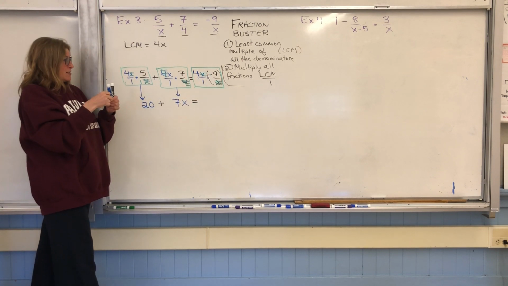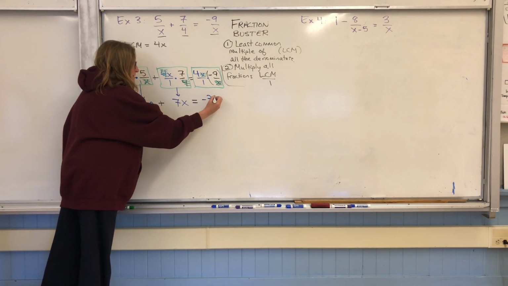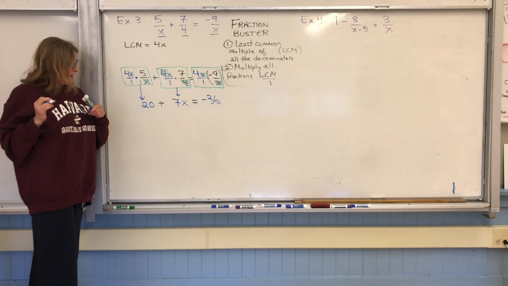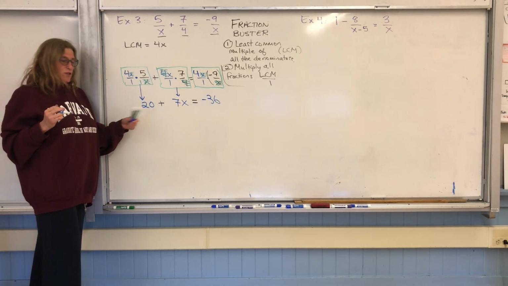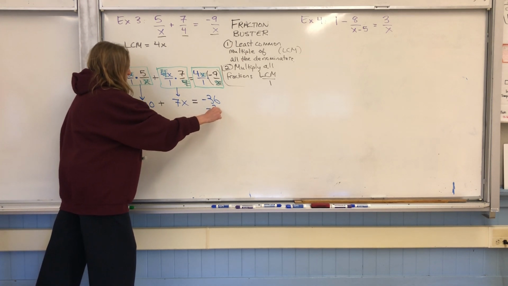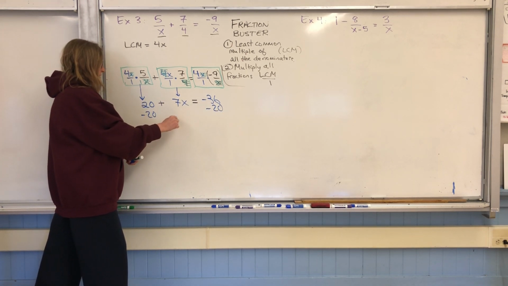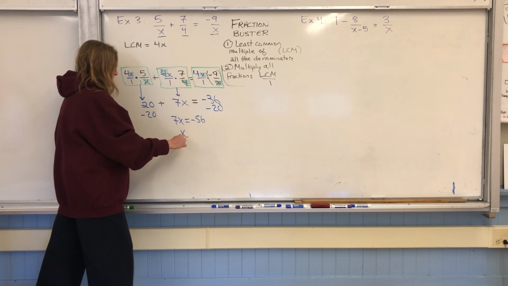And notice, I just have 4 times negative 9, which is negative 36. Guys, presto, all of the denominators are gone. And now I have myself just a simple equation that I can solve. Right? And that gives me 7x equals negative 56, and x equals negative 8.